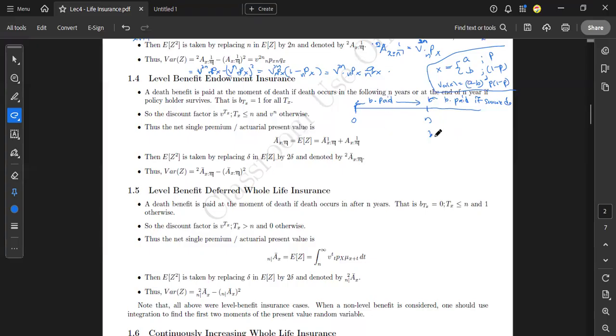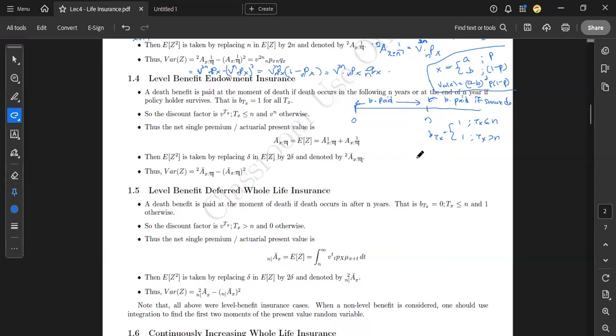That means the benefit function is 1 if Tx is less than or equal to n, and 1 if Tx is greater than n. So that means throughout the entire future lifetime, benefit is 1.